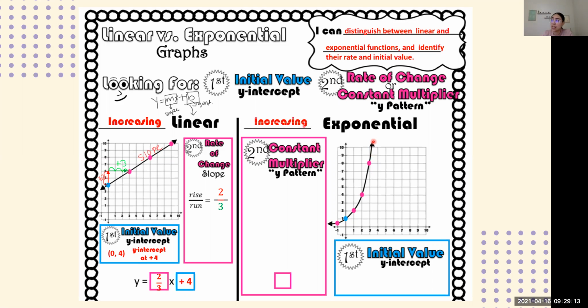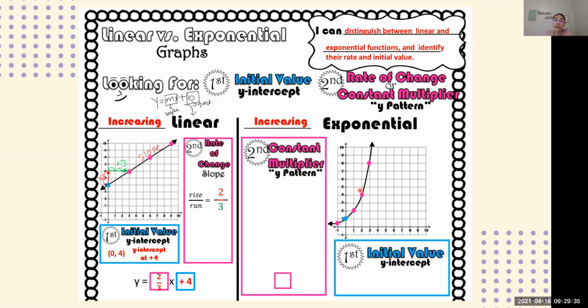So we say this is an increasing exponential. Why is that important? It's actually a really good strategy when you're thinking about what your pattern is going to be. When we're increasing, we're getting bigger. That's going to help you determine what kind of pattern it has, especially in the other one.